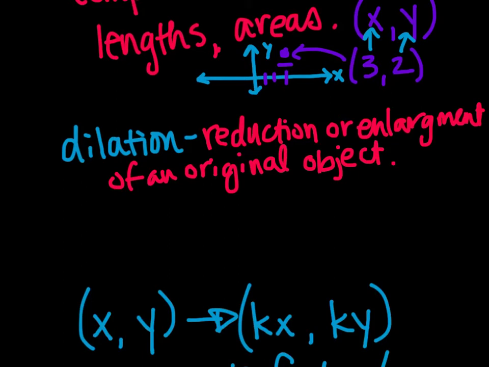So when we hear the word dilation, we think that it's going to maybe get smaller. But dilation could actually make something become very big, or it can make it become very small.